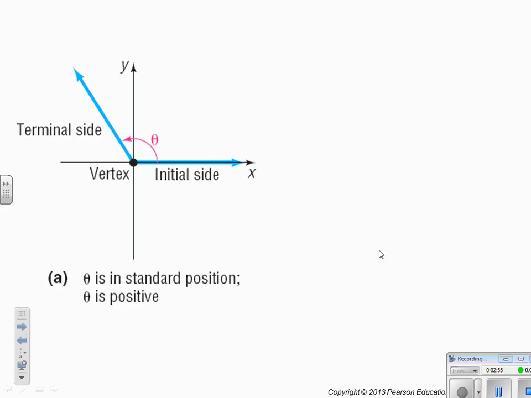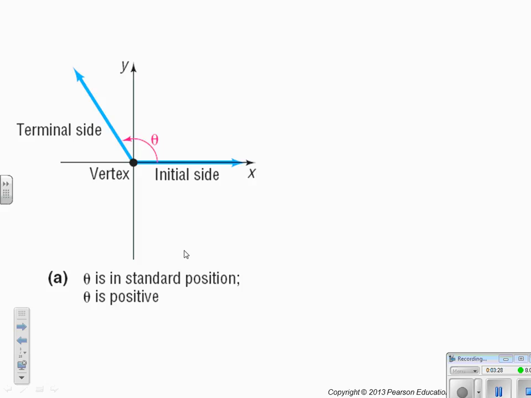So if we start looking at it in Cartesian coordinates, our x and our y, we line up our initial side with the positive version of our x-axis. And then we rotate counterclockwise, so our terminal side goes to the left, as long as we're under 360.